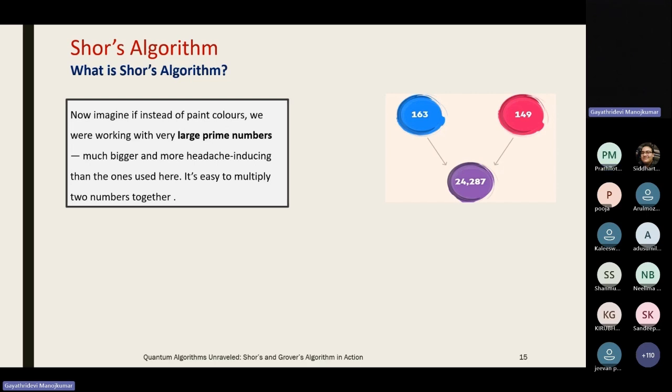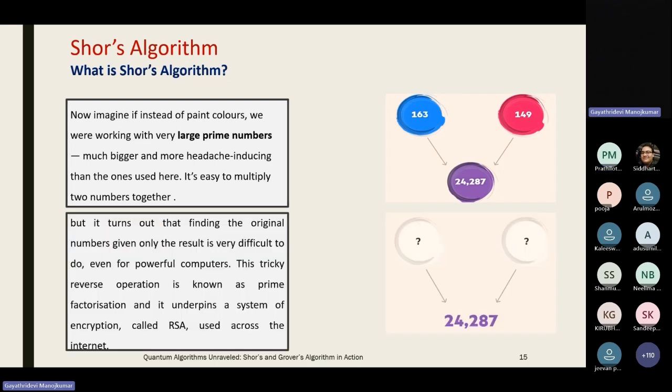But if I reverse the question and give you 24,287 and ask you to reverse the operation, this is known as prime factorization. This is what it relies on. This underpins the encryption where RSA works, creating a public key.